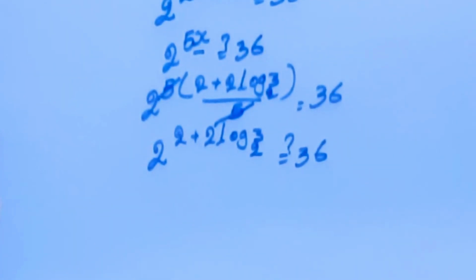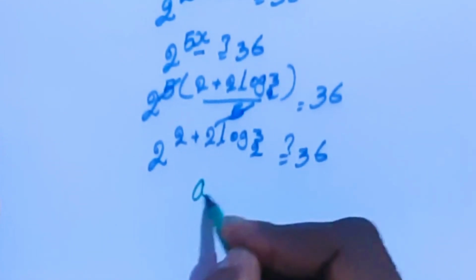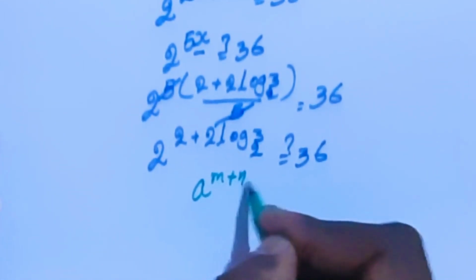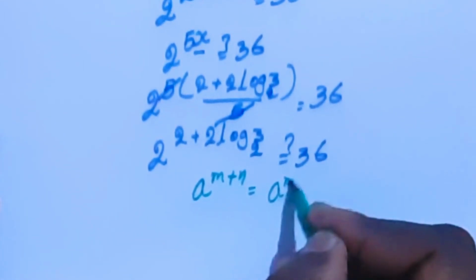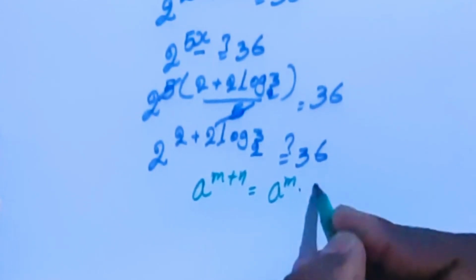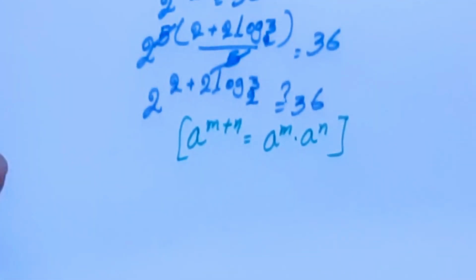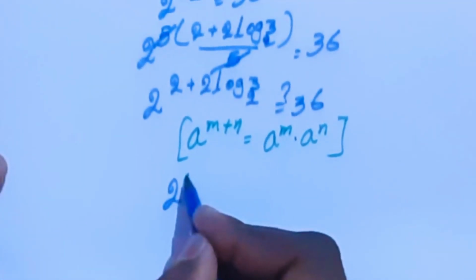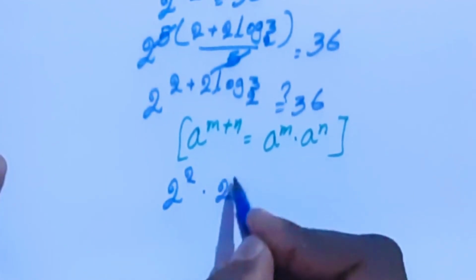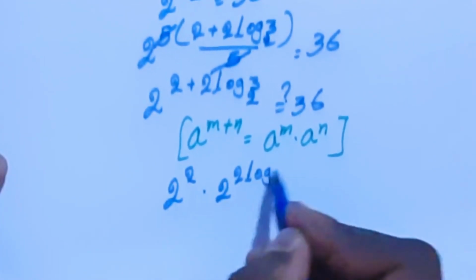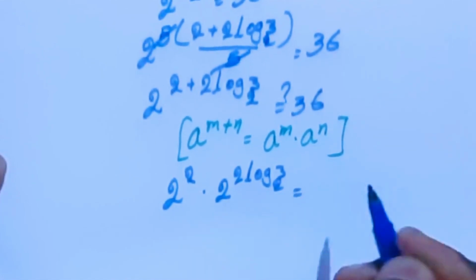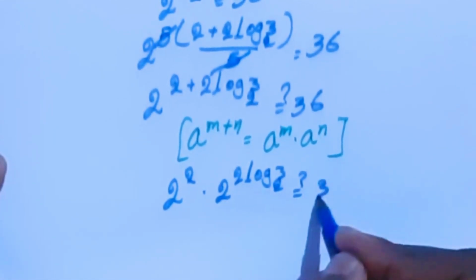Now we are going to apply this formula, that is a power m plus n equal to a power m times a power n. So we'll get 2 power 2 times 2 power 2 log 3 base 2 equal to 36.